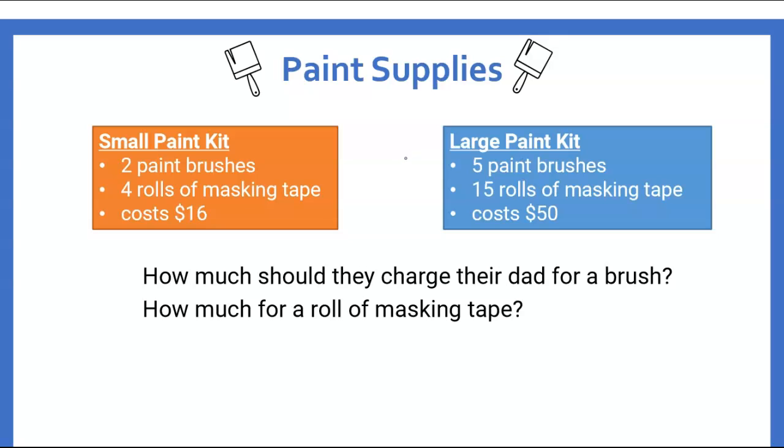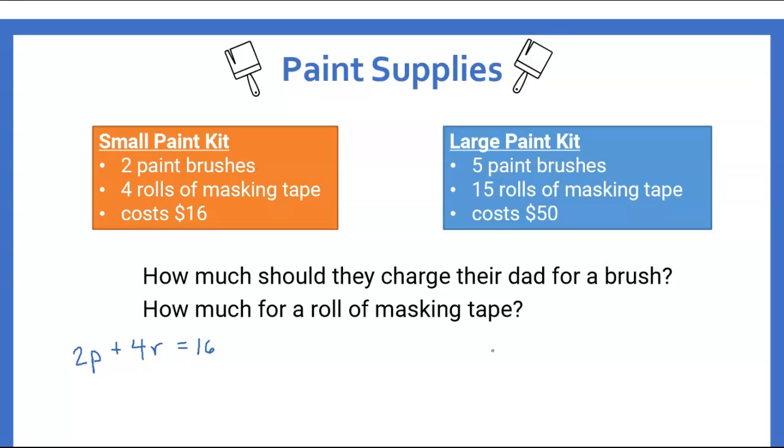How might we figure this out? We have all those tools we had before. We could do a table, we could do a graph, we could do equations. Well, let's see. Maybe equations make sense here, because we could set this up pretty easily, right? 2 paintbrushes, maybe we just call that P for the cost of a paintbrush. 2P plus 4 rolls of masking tape, R for roll, equals $16.